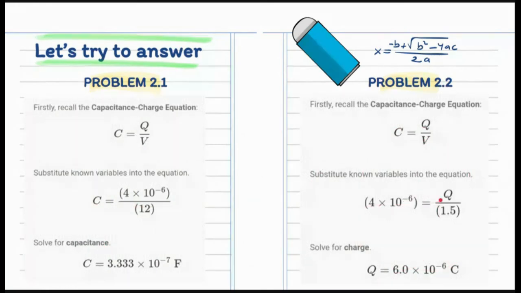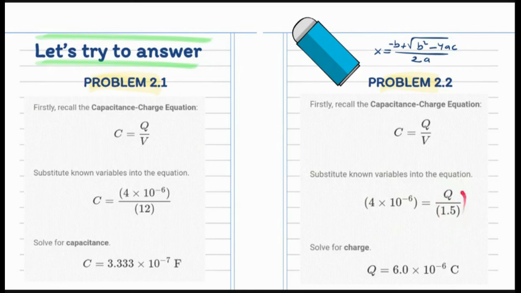So we have here a capacitance of 4.0 times 10 to the negative 6, that's 4 microfarads, is equal to Q all over, assuming it's connected to a 1.5 volt battery, so all over 1.5. Now what we want to do is the Q would stay on this side of the equation.